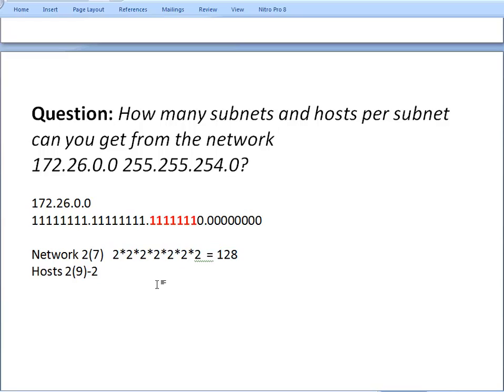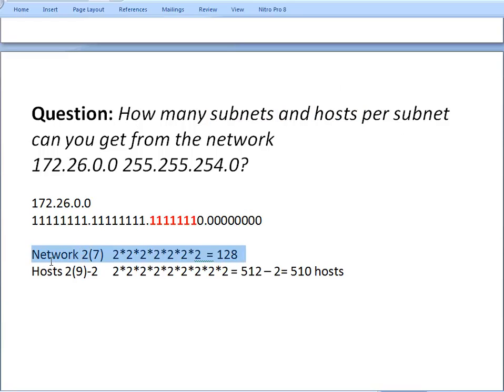I already have 128 there, so I know this bit is 128, times 2 is 256, times 2 is 512. So this is 512 minus 2 equals 510 hosts. So how many subnets and hosts per subnet can you get?